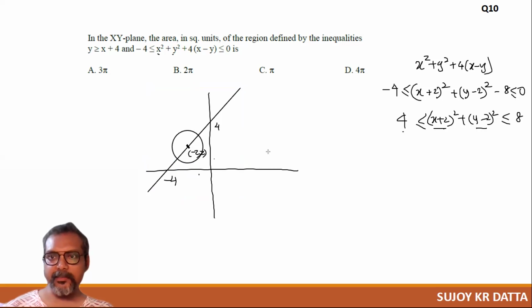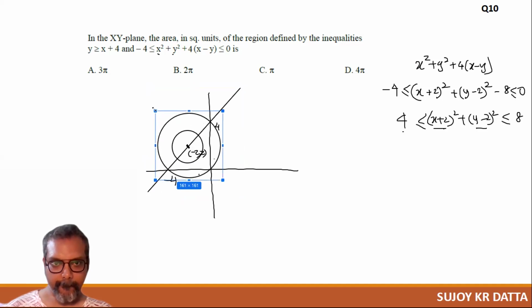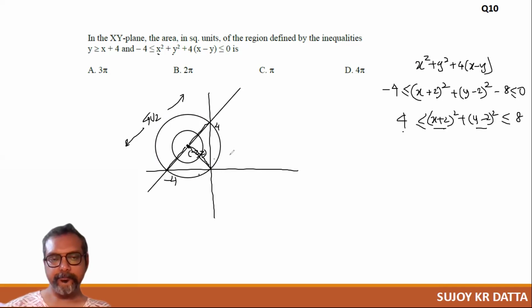And the other one, which has a radius of 2 root 2, because 8 is 2 root 2 whole squared. So with 2 root 2, the other circle will be like this. Because this length is 4 root 2, the radius is 2 root 2. This is 2 root 2, this is 2 root 2, and this will also be 2 root 2. Okay.